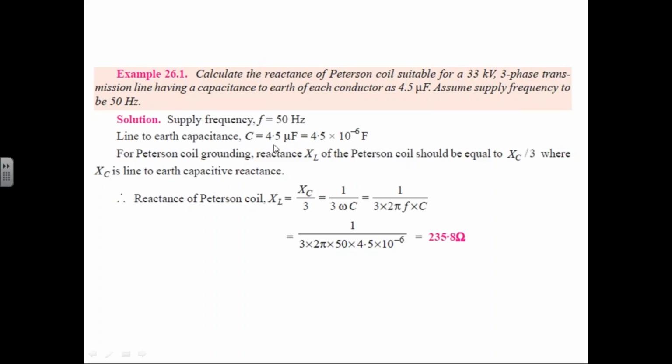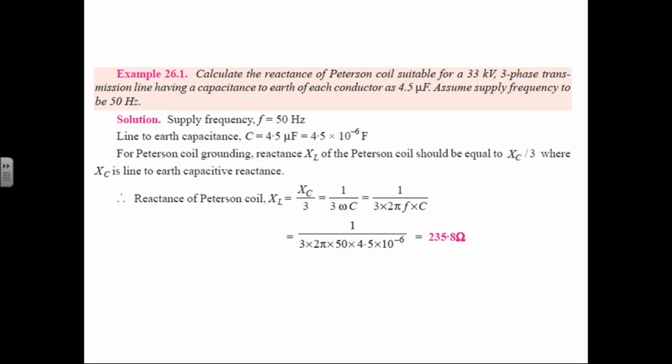So reactance is XL equal to 1 by 3 omega C. If inductance were asked, it would be 1 by 3 omega square C, but since reactance is asked, you directly substitute into the formula. Very simple two-step problem.